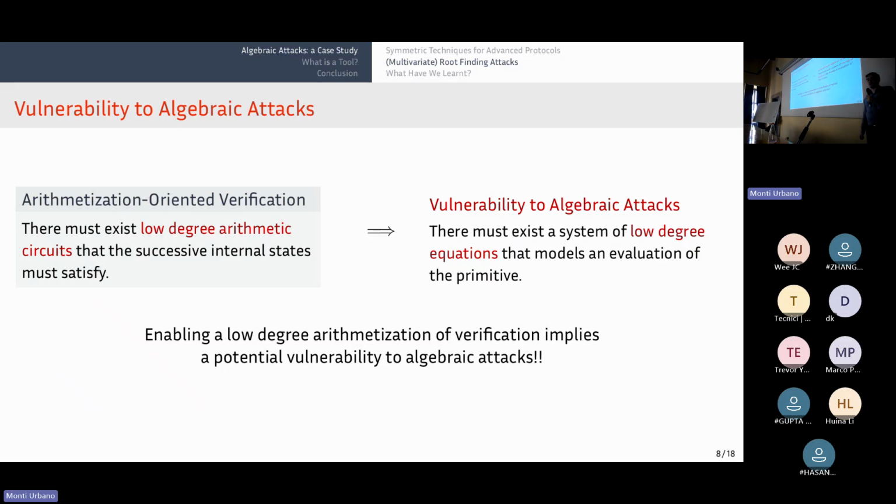If you enable a low degree arithmetization of verification or of evaluation of your primitive, this implies a potential vulnerability to algebraic attacks. That's why algebraic attacks are much more relevant in this arithmetization-oriented world than in the usual world. For the AES, people have tried algebraic attacks. It doesn't work so well. Here, it works extremely well, as you will see.